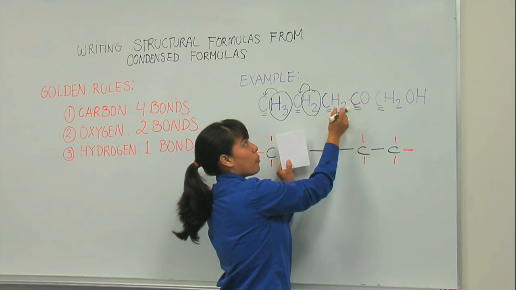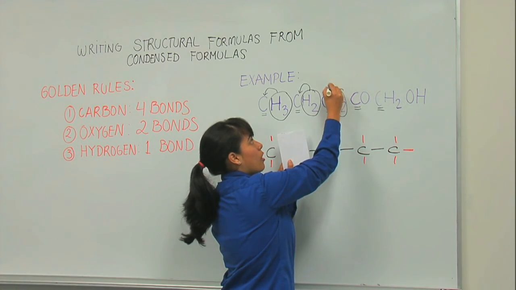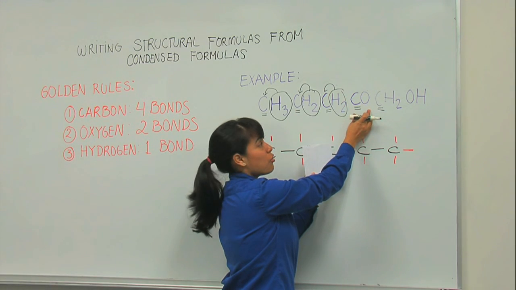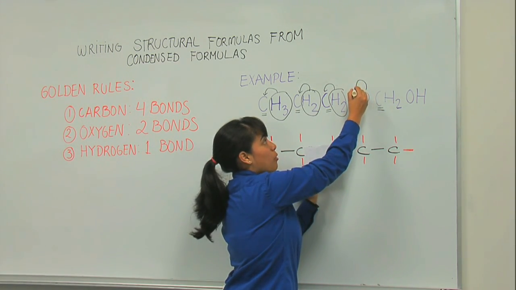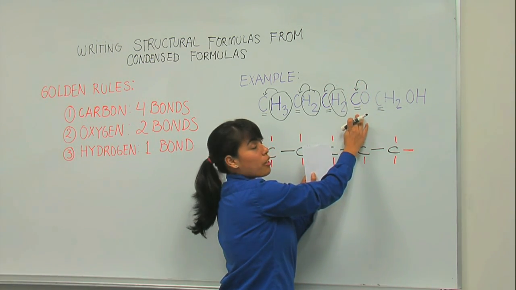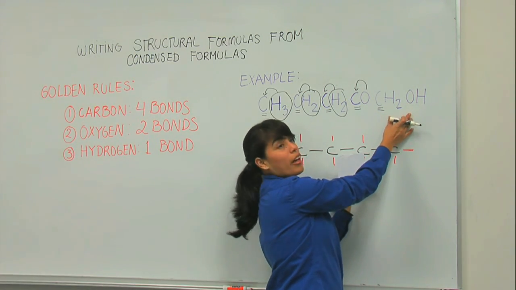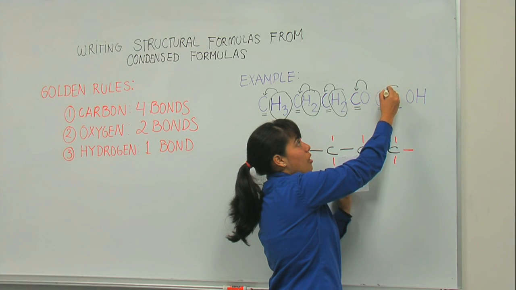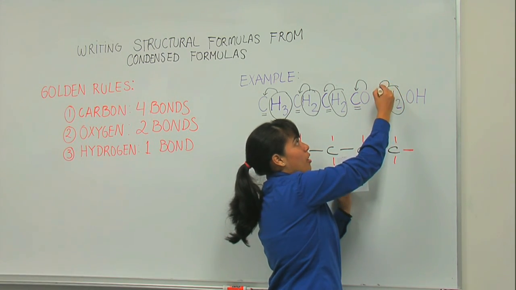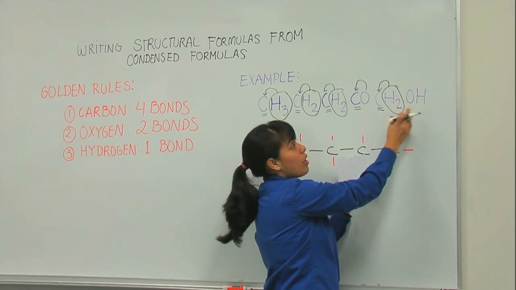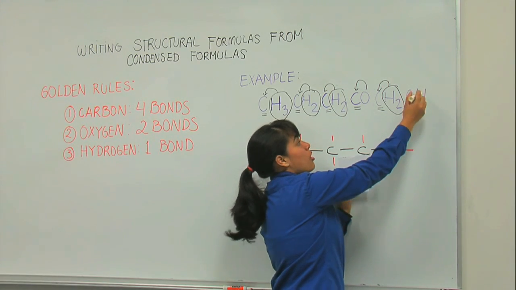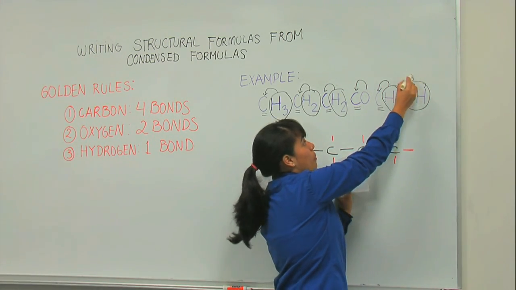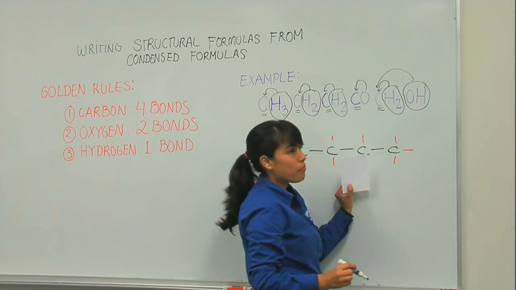The same thing happens here. Here, next to this carbon is oxygen, so this oxygen atom is going to be bonded to that carbon. And here I have 2 different pieces of information. On one hand, I have 2 hydrogens, and they're going to be bonded to that carbon. But I also have an OH, and that OH, since it is to the right of the carbon, must also be attached to that carbon.